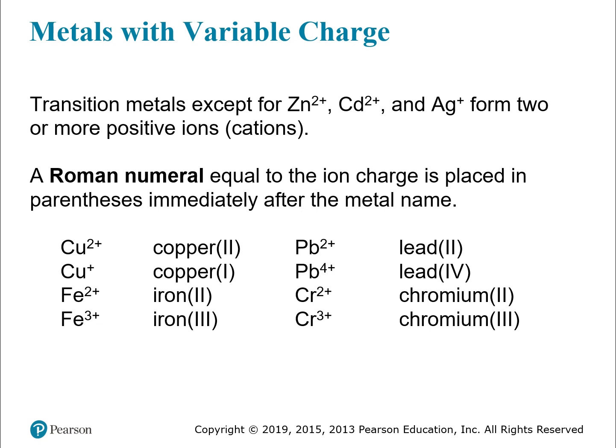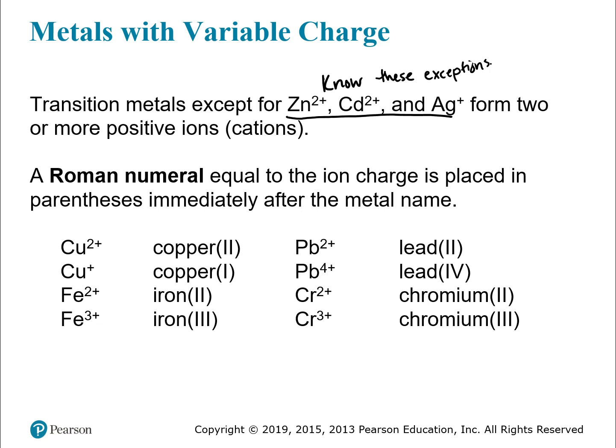Transition metals form 2 or more positive ions, except for zinc, cadmium, and silver. So you'll need to know these exceptions. But by and large, if you have a transition metal, it's going to be able to form more than 1 positive ion.